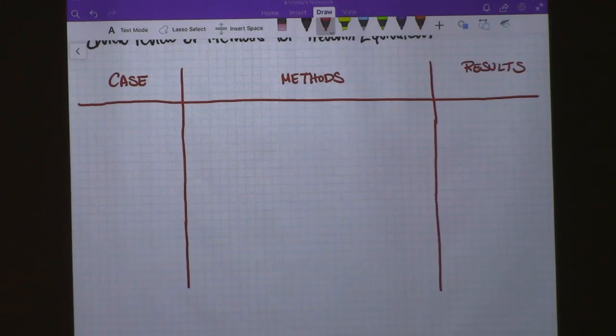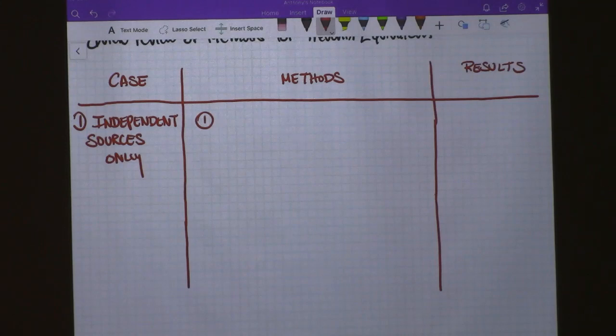Okay, so the first case is independent sources only. And so the method that we use is we find VOC equals V Thevenin using the open circuit test.